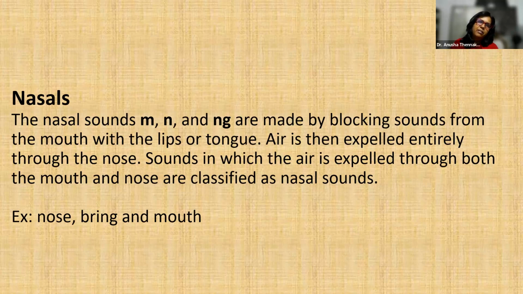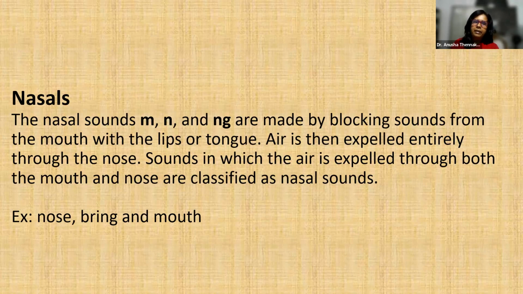They are nasal because when the mouth is blocked with the lips or tongue, air is going out of the nose. Sounds in which the air is expelled through both the mouth and the nose are classified as nasal sounds.